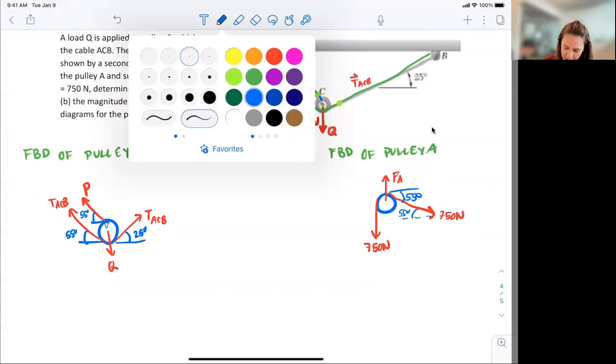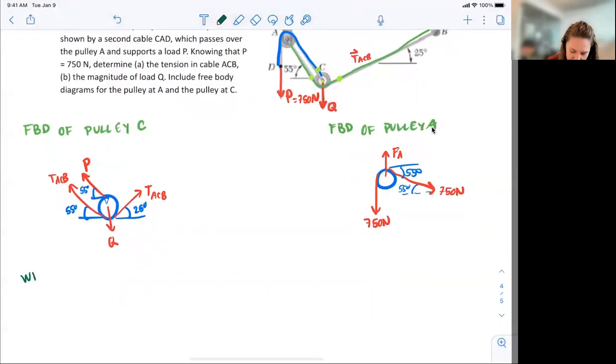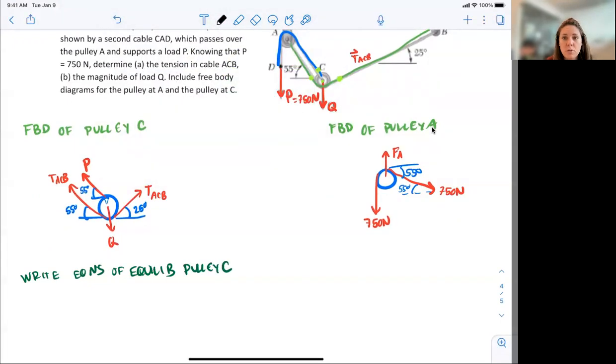All right, so let's solve some of these free body diagrams. We are going to look at the free body diagram of pulley C and write our equations of equilibrium for pulley C. We have two equations available for us. So we will write first the sum of the forces in the x equal to 0. What acts in the x?